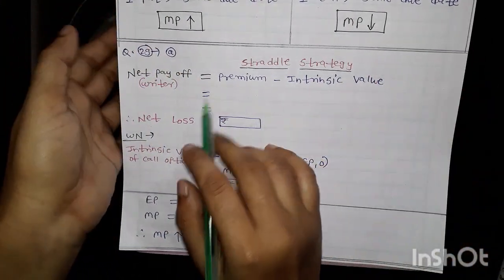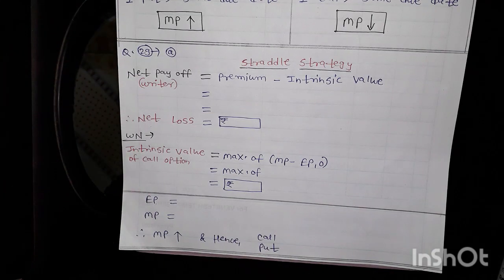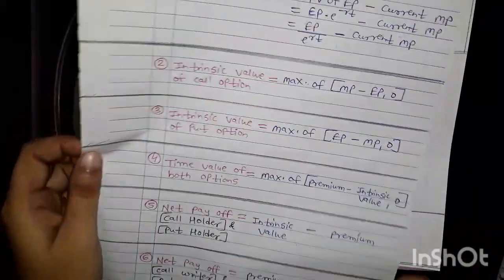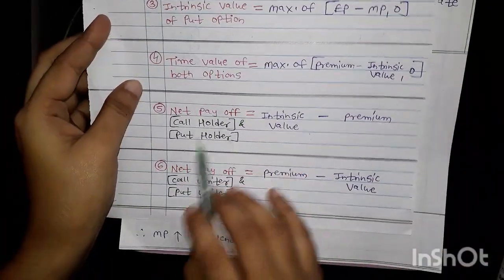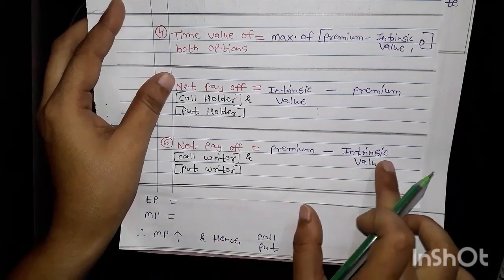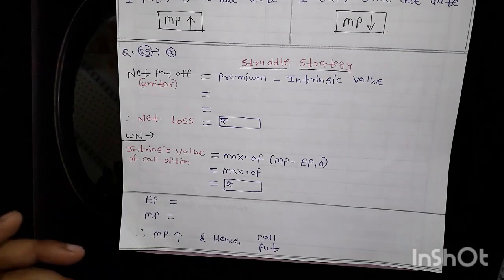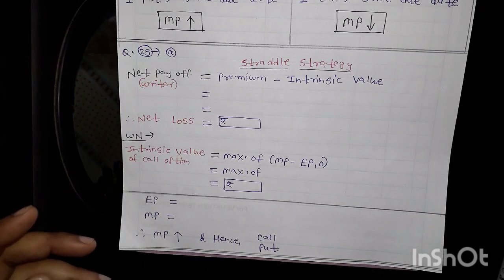We know the net payoff formula of a writer, so we are going to use it here. Net payoff of a writer is premium minus intrinsic value, whether it is a call option or a put option, the formula will remain the same.